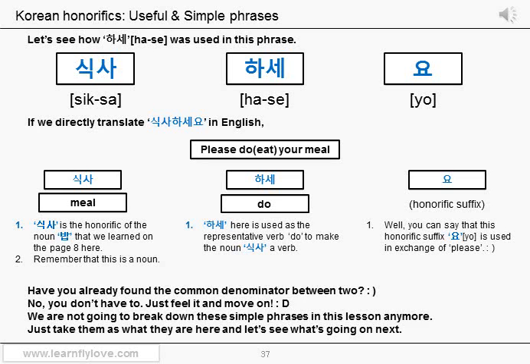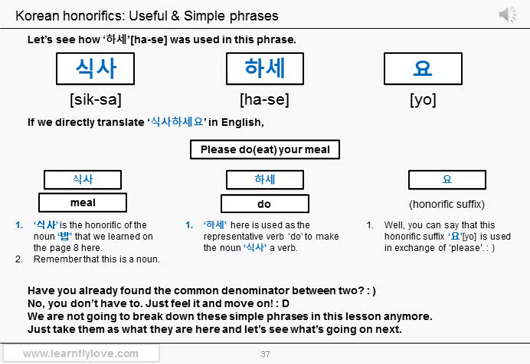So there are many nouns that can become a verb when they combine with the verb "do" in Korean. Don't think too much, just listen to our explanation, forget it and move on. Just feel it. And 요 is the honorific suffix, as you already know. Well, you can say that this honorific suffix 요 is used in exchange for "please." Okay? Whatever you want. So have you already found the common parts between the two phrases?